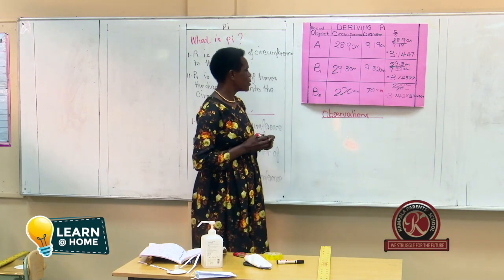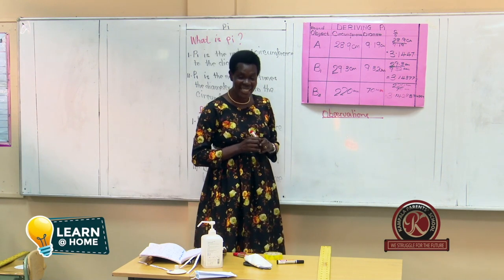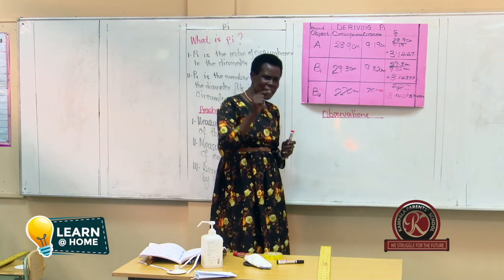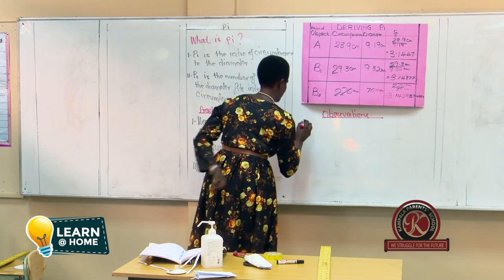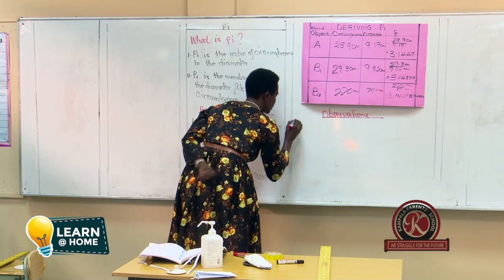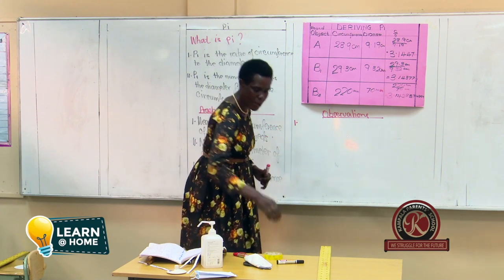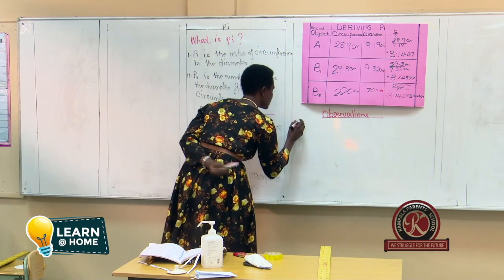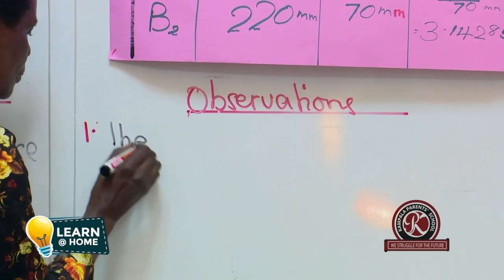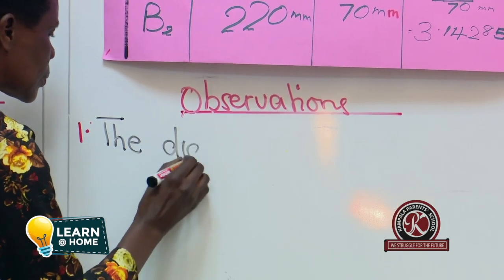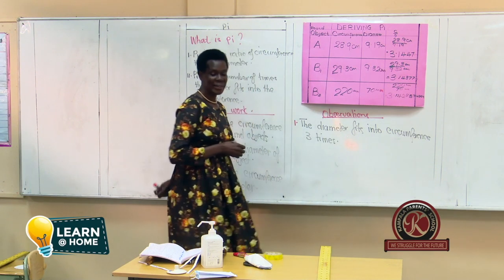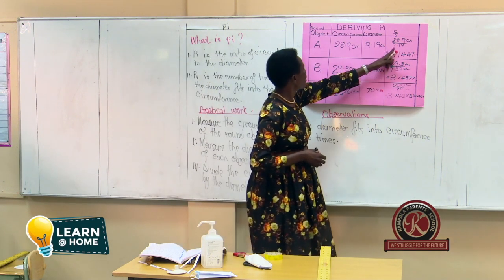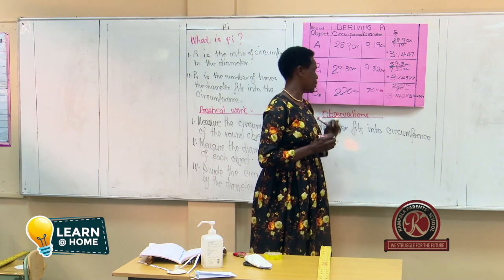Now, we have realized that the diameter fits into the circumference 3 times. That is point number 1. Because I have here 3, here 3, here 3.